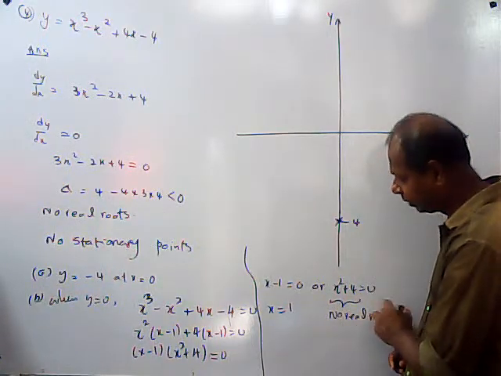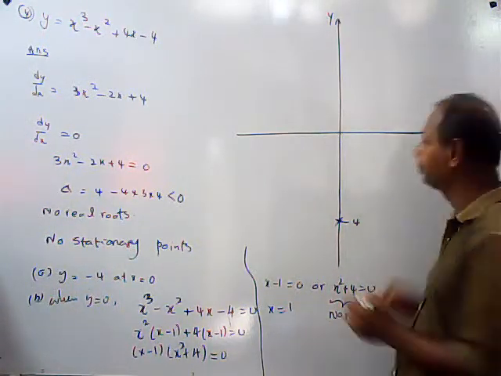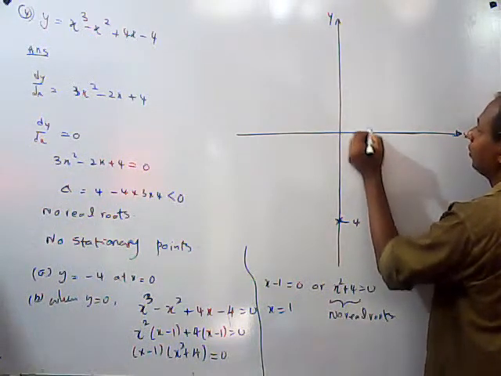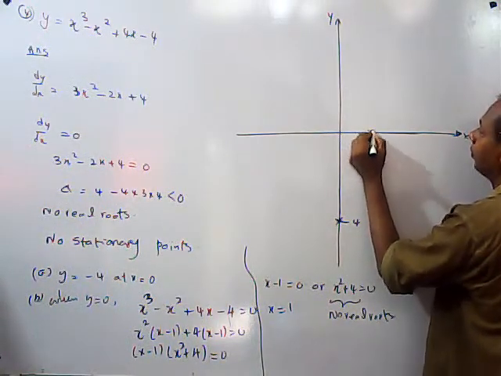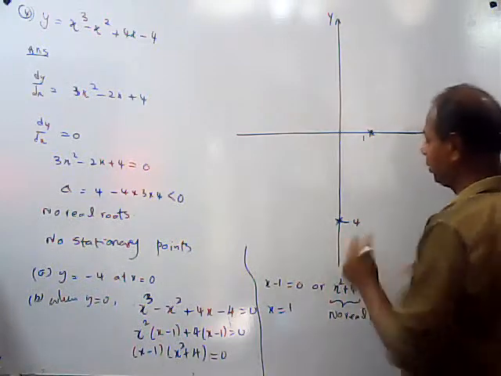It means it cuts the x-axis only at x equals 1. There is only one intercept.